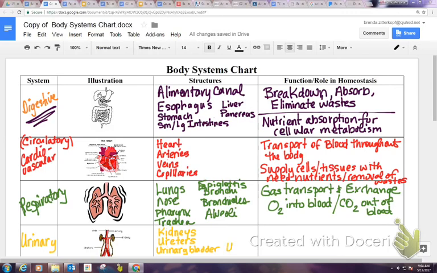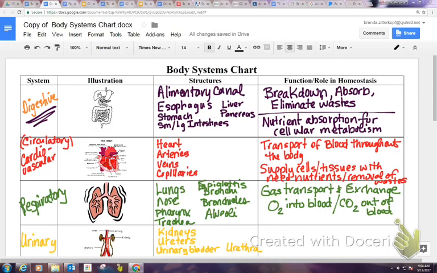And lastly, the urethra. And the urethra is just the little tube that gets your urine out of your body. So at this level, as far as organs, very simple. This is the simplest system I think we're looking at as far as naming the organs. We'll go into a little more detail on the structure of the kidney when I talk to you about the urinary system in a little while.